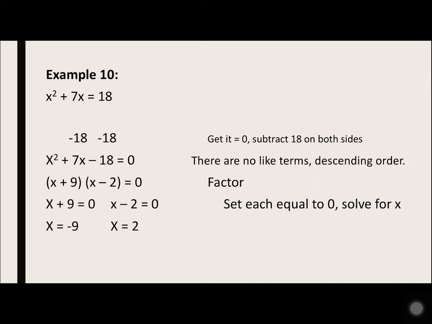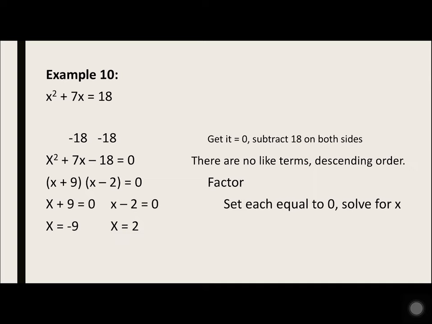On the right side of the equal, 18 minus 18 equals 0. Now we're going to factor. It's a trinomial with an understood 1x squared, so what multiplies to negative 18 and adds to positive 7 would be 9 and negative 2. So x plus 9 times x minus 2 equals 0.